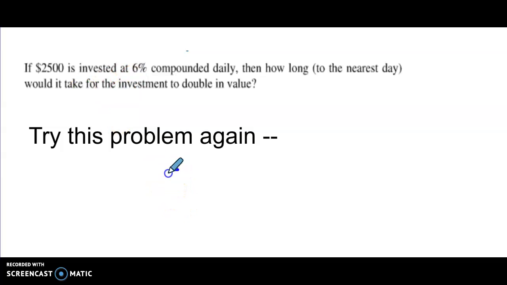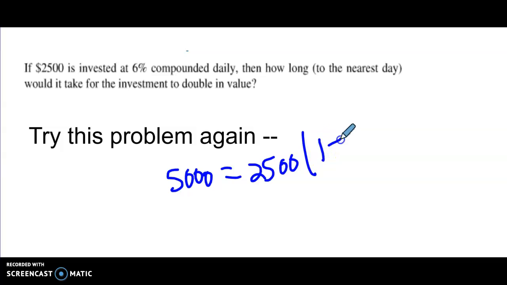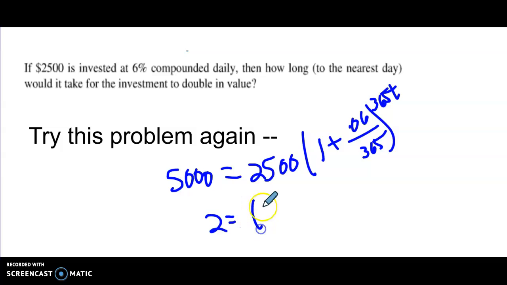We want to know when 2,500 is going to double if it's compounded daily at 6%. I still would divide, first of all, by the 2,500.